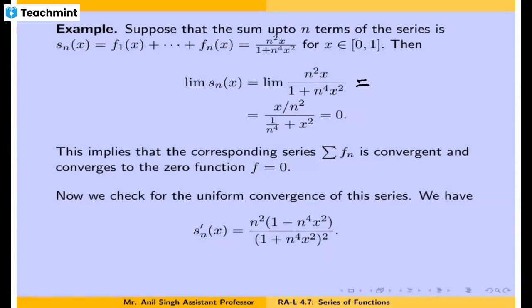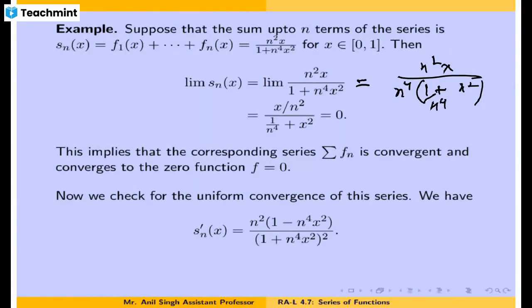Let's take 1 upon n square x as it is, and from the denominator take n to power 4 out, you will have 1 plus 1 upon n to power 4 times x square. Then there is some cancellation. You have in numerator n to power 2, and in denominator you have n to power 4.